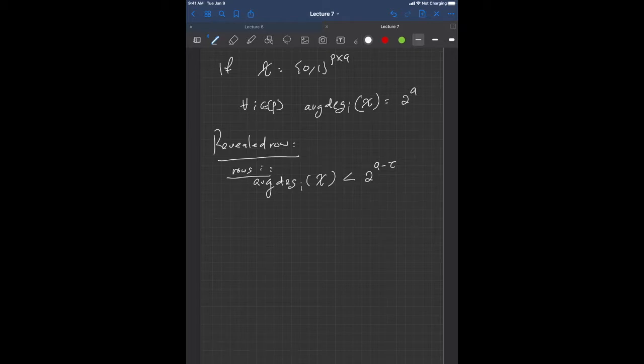So for example, if we set tau to be 1, that implies rows where they know 1 bit of information.